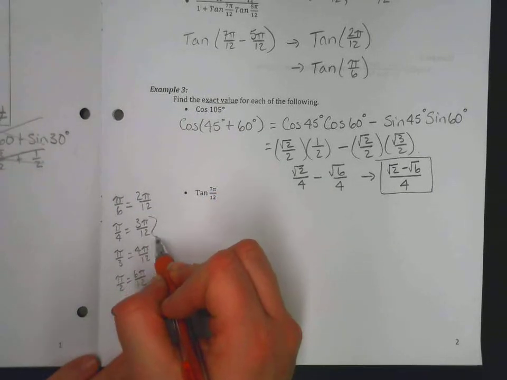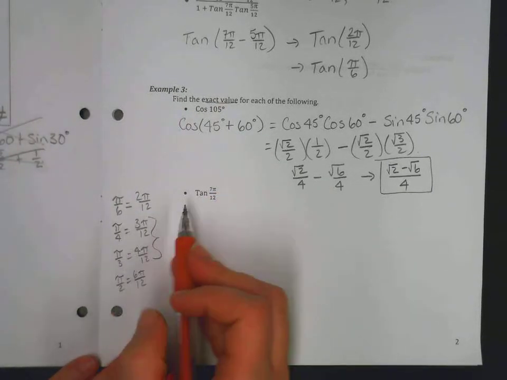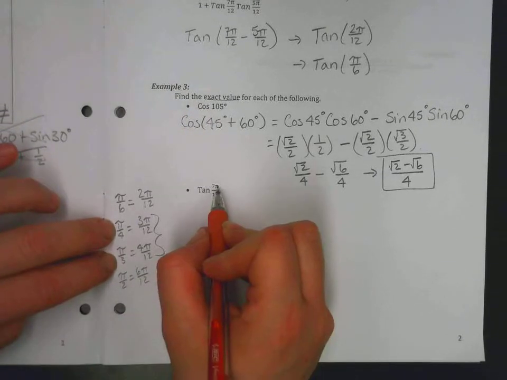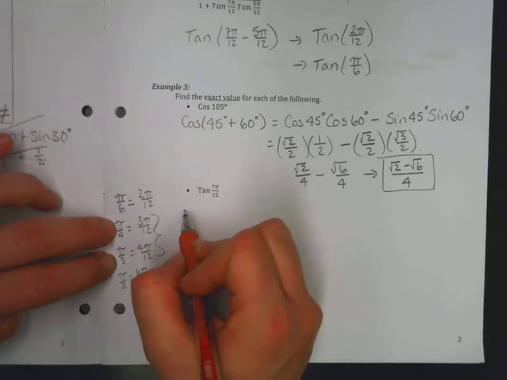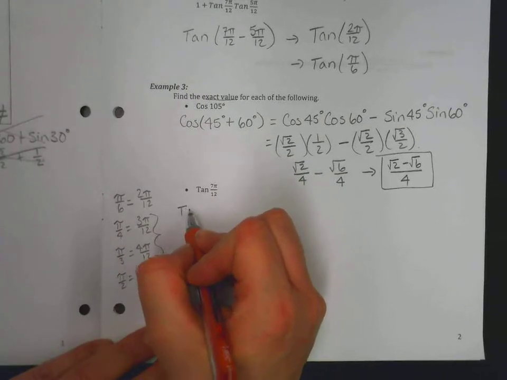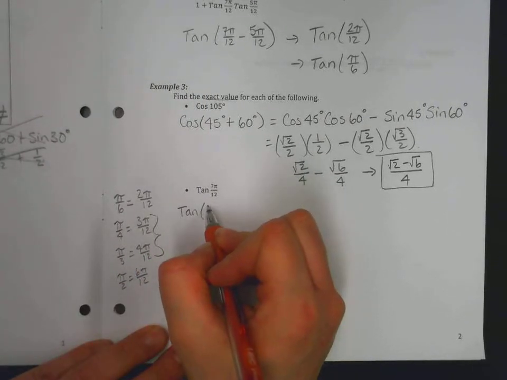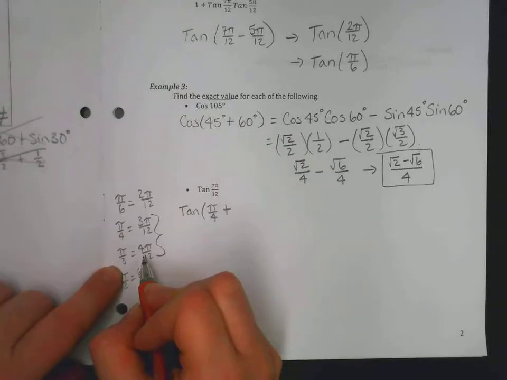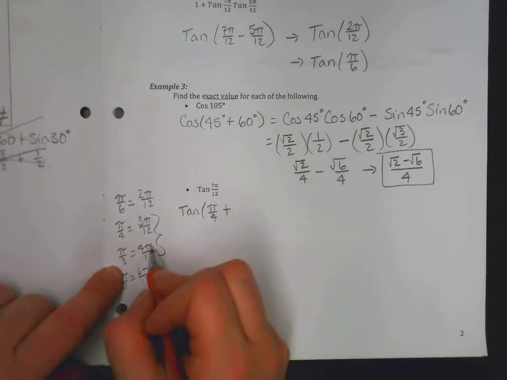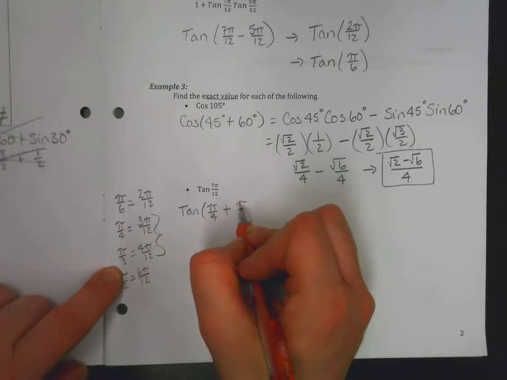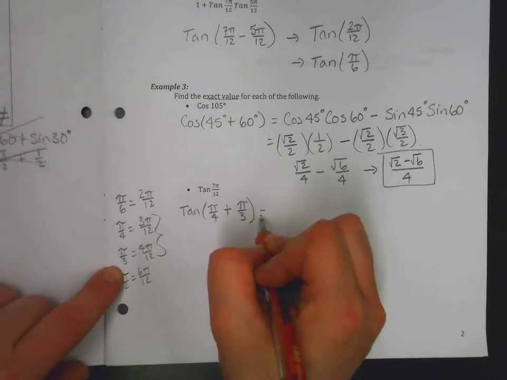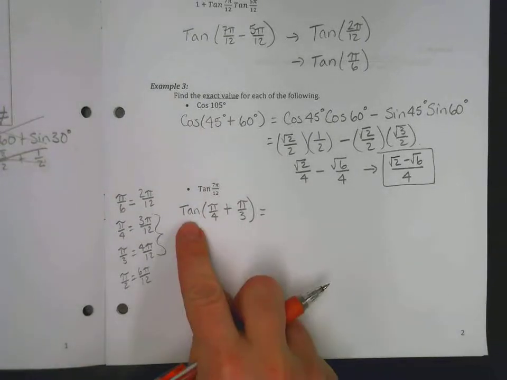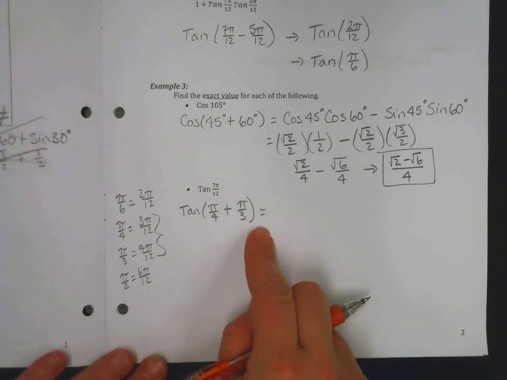So what would that entail? That would entail these two angles. 3 plus 4 gives me 7. So I am going to rewrite this ratio as a sum: tan of 3 pi over 12, which is technically pi over 4, plus 4 pi over 12, which is technically pi over 3. And now I'm going to write out my sum and difference identity for the tangent of alpha plus beta.